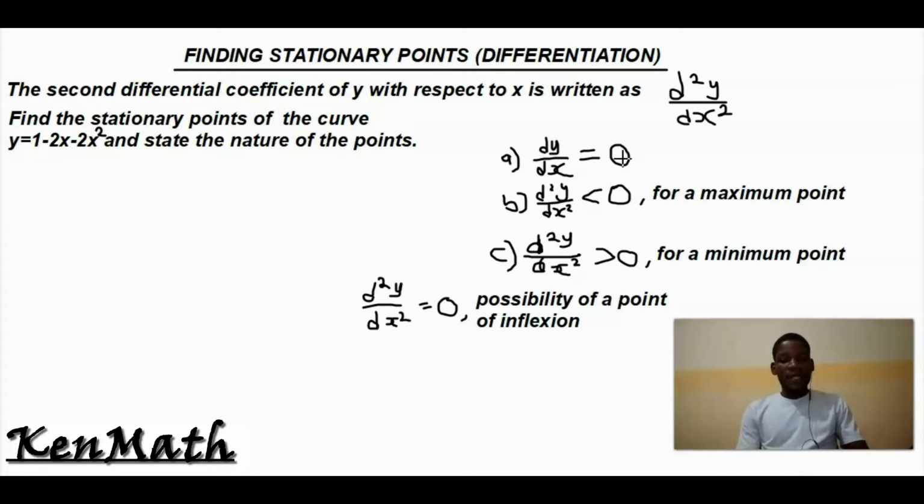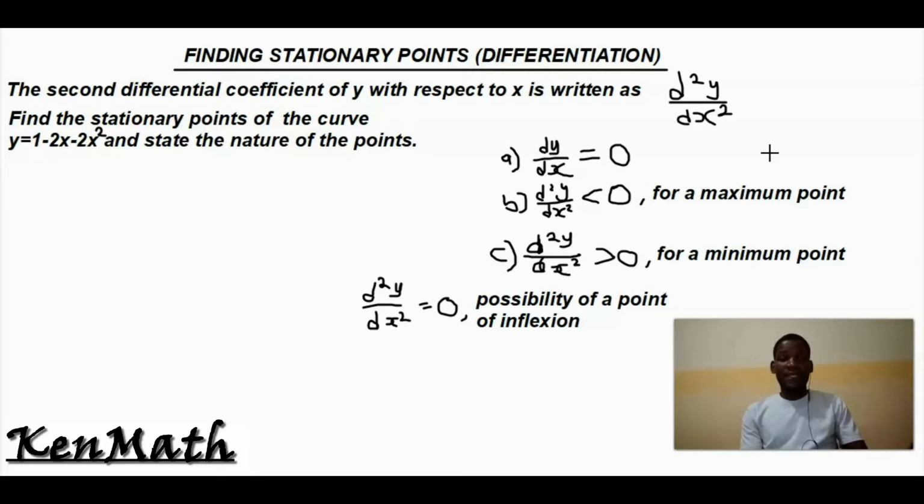Now, if dy over dx is greater than 0, then the function y equals a function of x is increasing. Why is it increasing? Because dy over dx is greater than 0.